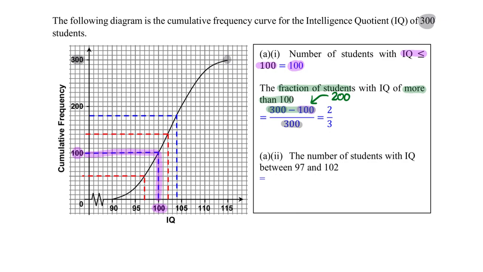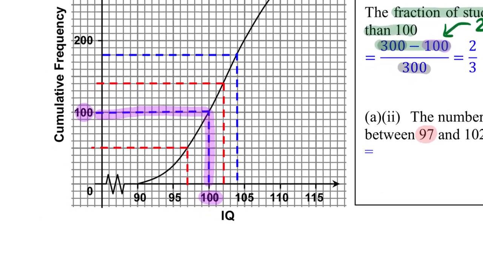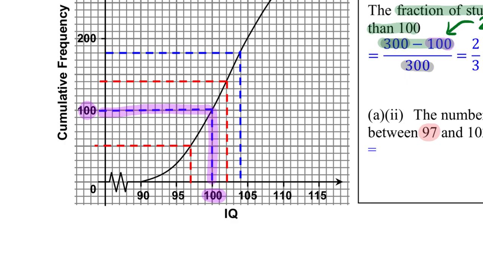Part A(2) requires us to find the number of students with IQ between 97 and 102. Okay, so the first number I'm going to find is the number of students whose IQ is less than 97, which is here.